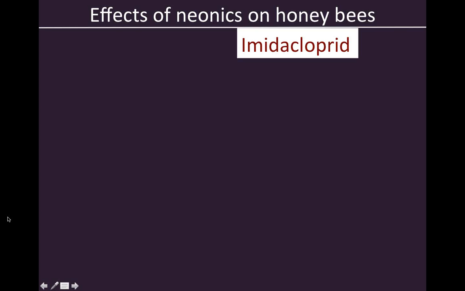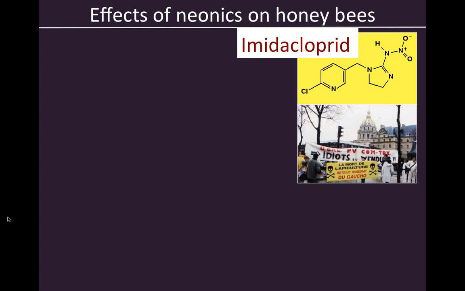So what are some of the studies that have been done with neonics in the United States and abroad? One of the first studies that was done was with imidacloprid. Imidacloprid was actually banned in the 2000s in France because of citizen complaints and beekeeper lobbying efforts, because sunflower seeds treated with imidacloprid were claimed to be the culprit of colony collapses in France.